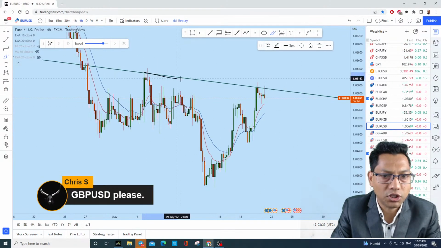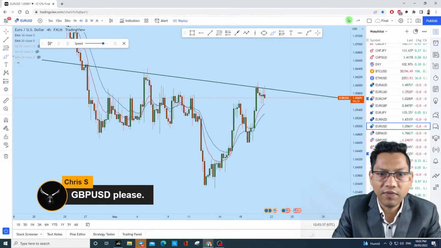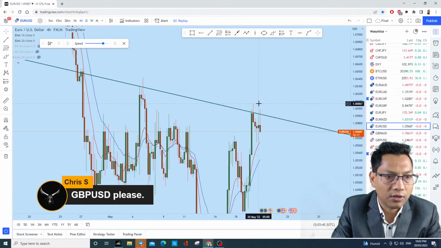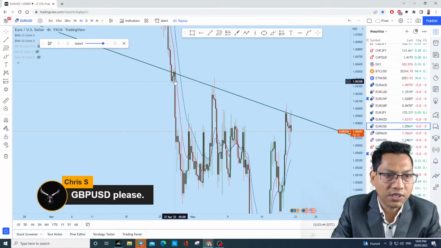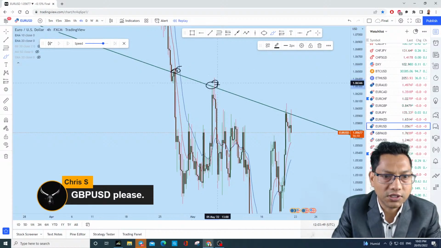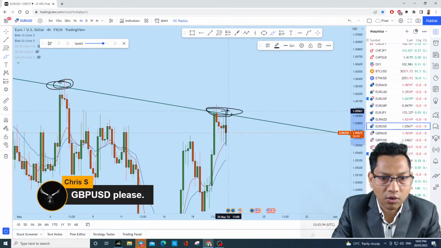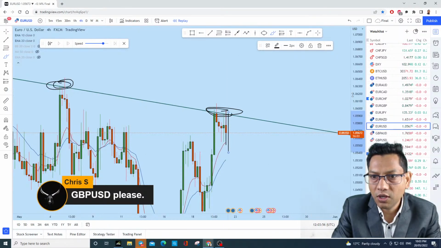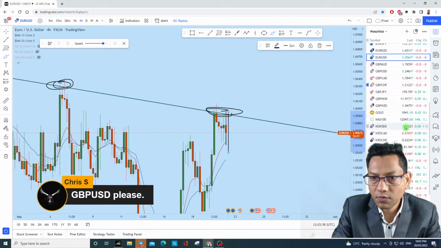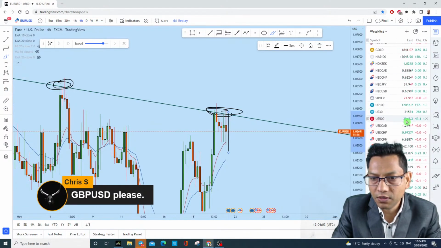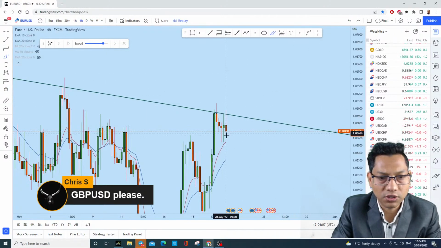The price is approaching this resistance. This is a very, very important level of resistance. Why? You can see that with this trend line, it tested this resistance here, resistance here, resistance here. This current one is now pushing down, so from here we possibly could see a drop on euro dollar, but at any point it could start to be bullish.